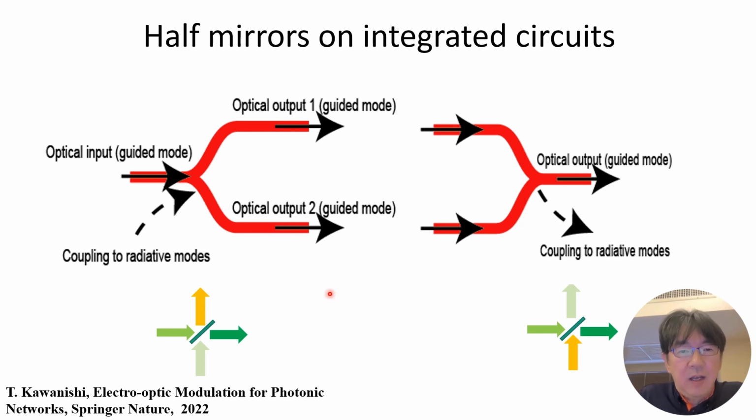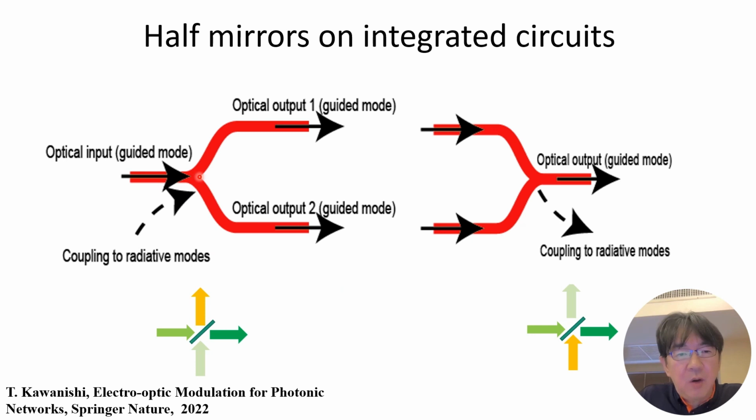Okay, here I'd like to talk about the half mirrors on the integrated circuits. In the Mach-Zehnder interferometers, half mirrors play important roles. So we should consider how we can configure half mirrors on the integrated circuit to make the Mach-Zehnder modulators.